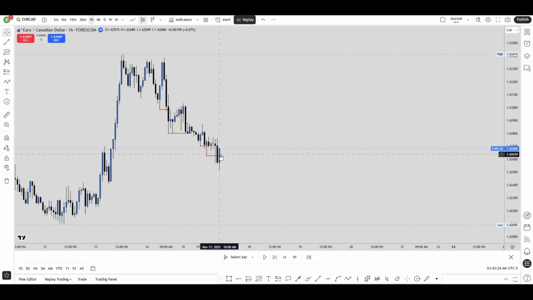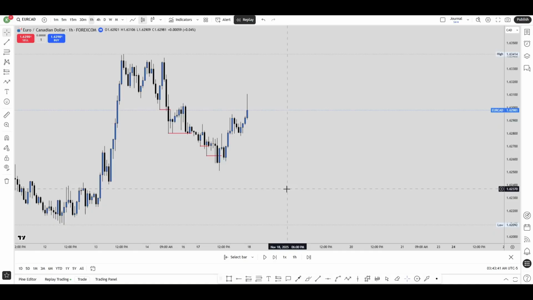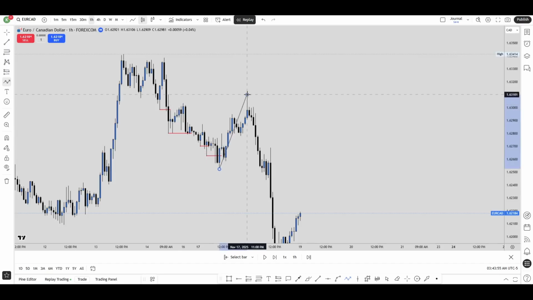So this is an indication that the market is respecting a sell trend. So we want to see price retrace and keep moving lower. So let's see what price does. So we can see how price retraced to the buy side and ultimately moved towards the sell side.